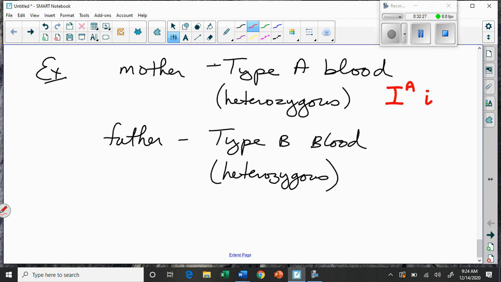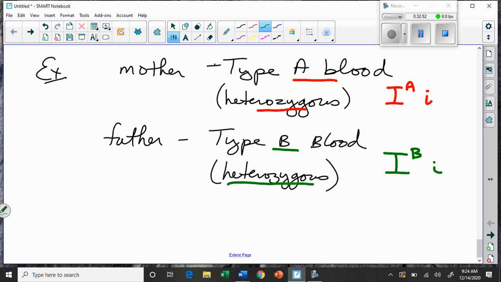If you had the I B, your type would be AB. It would be codominant, right? So that's the only way you can have type A blood and be heterozygous. And the same is true for the father. The father can only have this possible genotype because he has to be type B, but he has to be heterozygous.